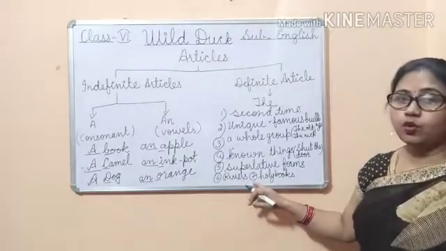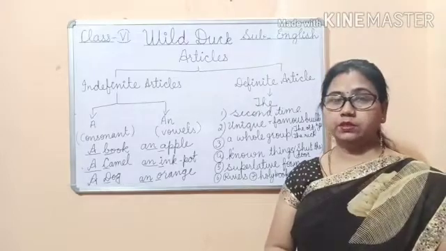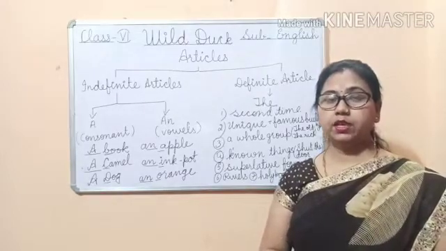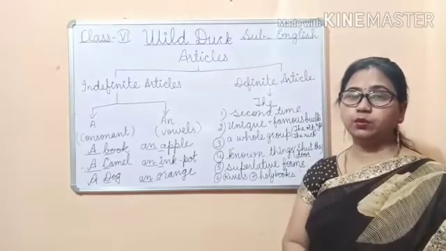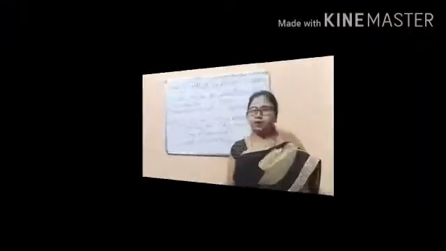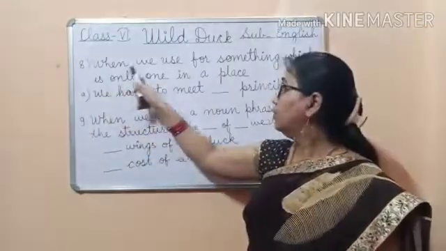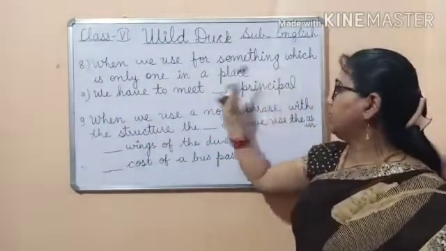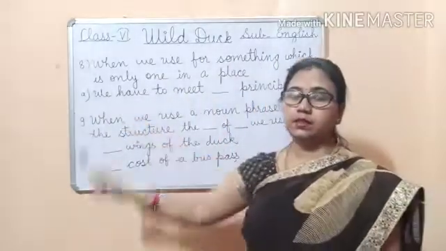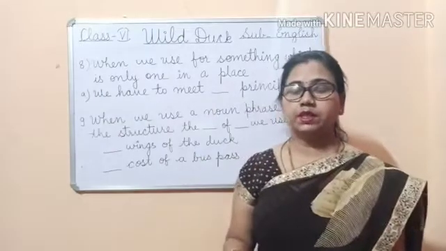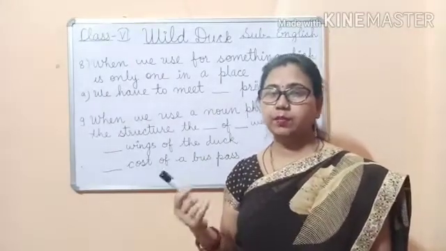And for holy books like the Bible, the Quran, the Ramayana, the Mahabharata, we use "the". "The" is used for something which is only one in a place. That means the Prime Minister, the President, they are one in a place.